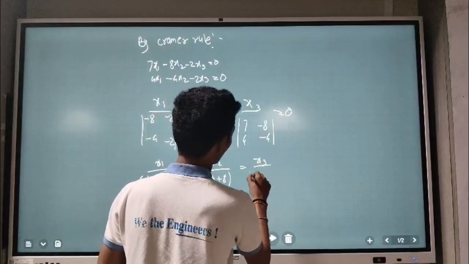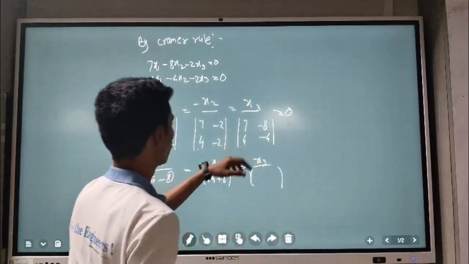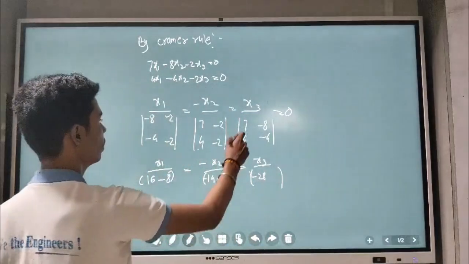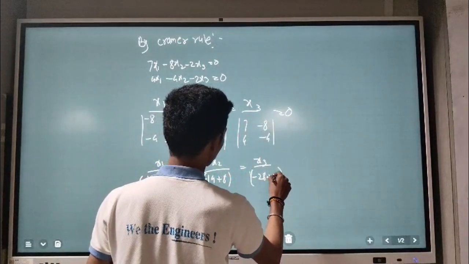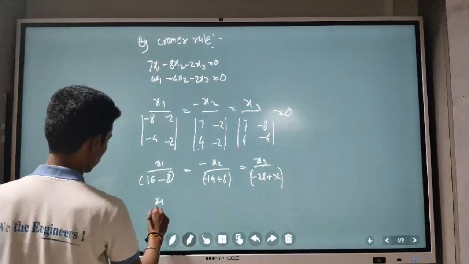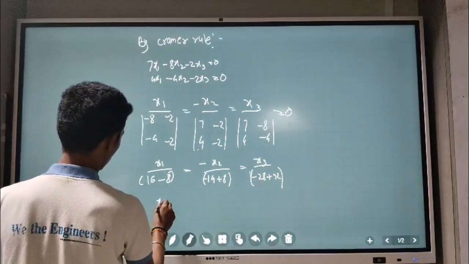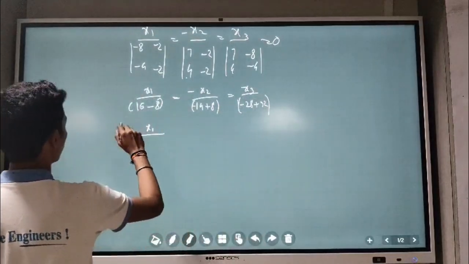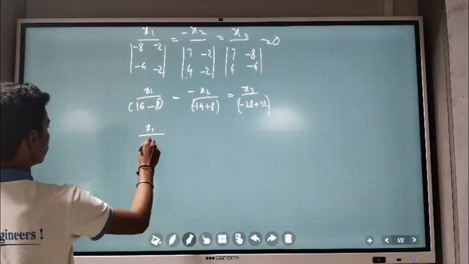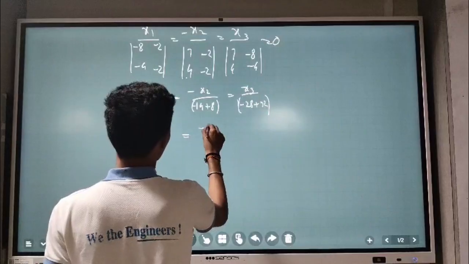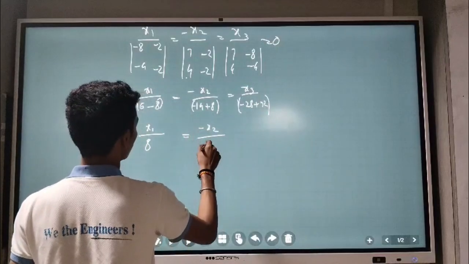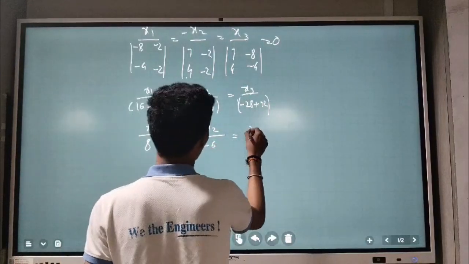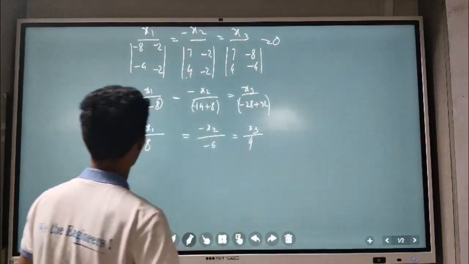And for x3 we get 7 times 4 is 28 and 8 times 4 is 32, minus minus is plus. So 16 minus 8 is 8. For x2 we get 6 and for x3 we get 4.